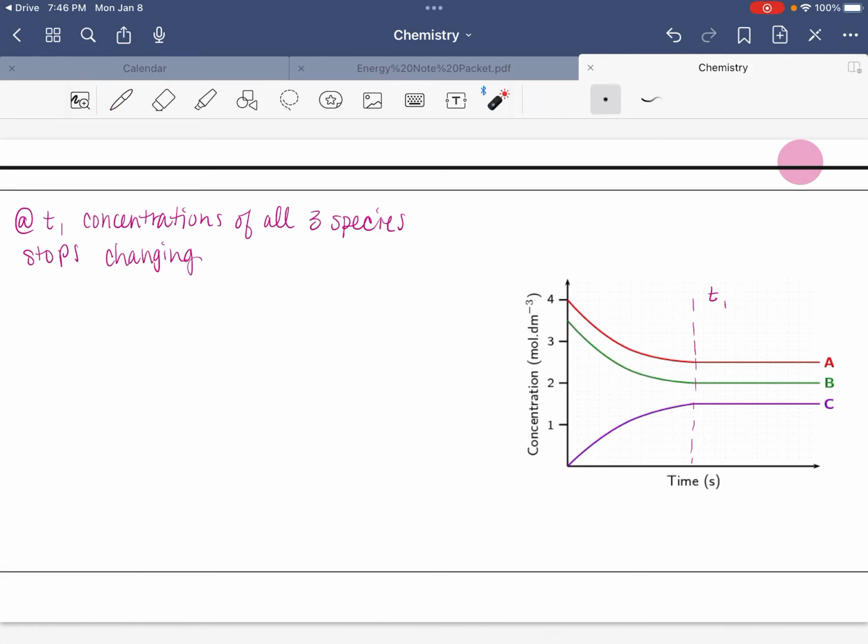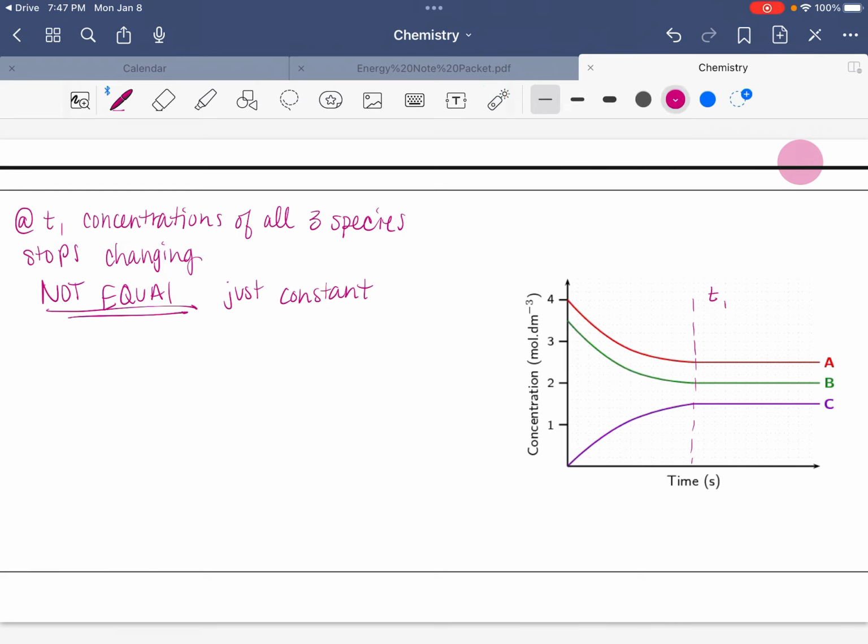But notice that all three of them have different concentrations, so they're not equal. They're just constant. The concentration, for example, of A is no longer changing after that T1 time. The concentration of B is no longer changing after that certain time.